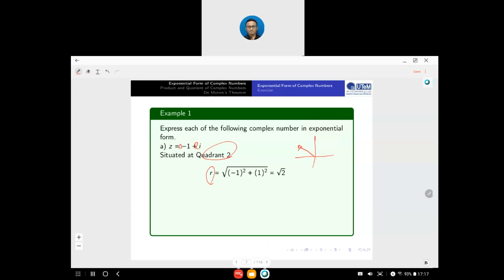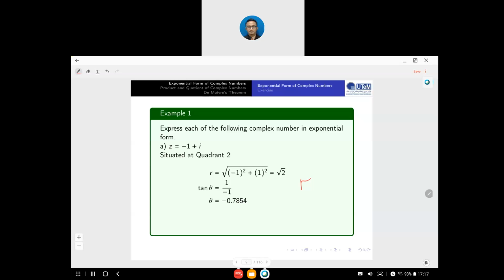So find r. r equal to square root of -1 square plus 1 square, so equal to square root 2. And then you can find tangent theta equal to b over a, whereby your b equal to 1, a equal to -1. And then you can get the theta. If you press your calculator, make sure your calculator in mode radian, mode R tu.